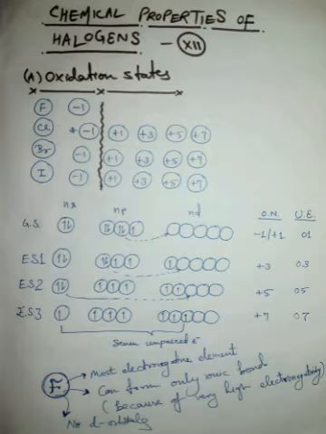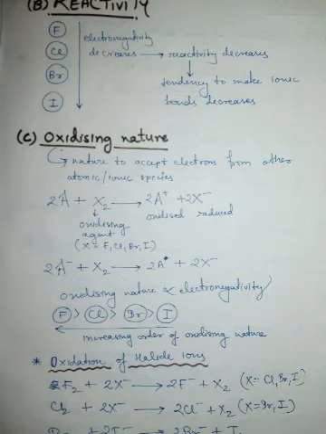Now in the first excited state you have three unpaired electrons. By using three unpaired electrons we can make three covalent bonds and the state will be +3. In the second excited state we have a total of 5 unpaired electrons, so we can make 5 covalent bonds and the state will be +5. In the third excited state we have 7 unpaired electrons.